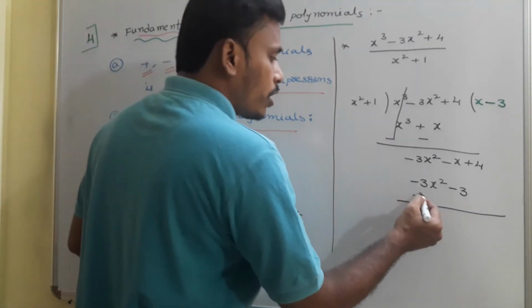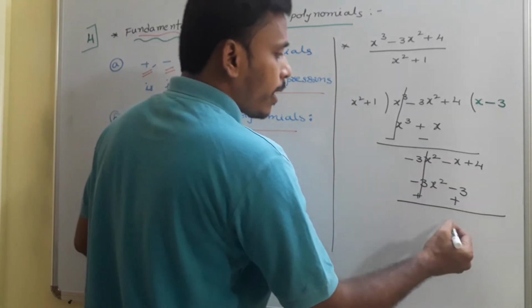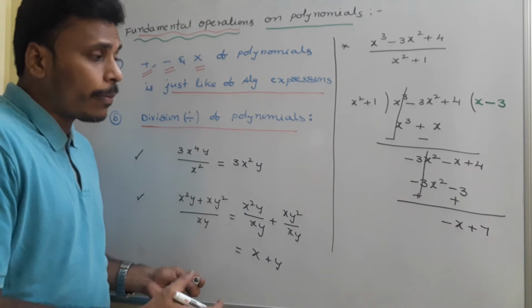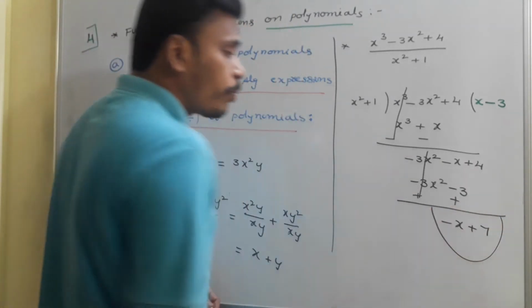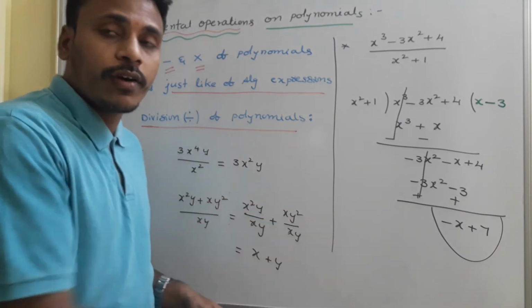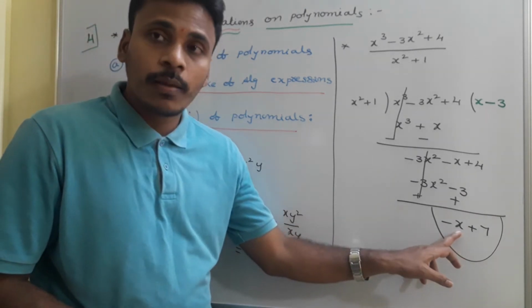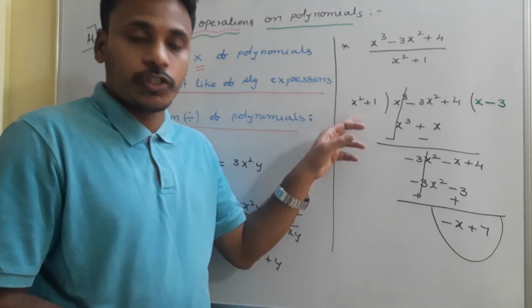While subtracting, you change the signs. These two get cancelled, and you are left with -x + 7. Now, when you observe, is there any possibility to go for further steps? See, -x is the first term and x^2 is the first term of the divisor.